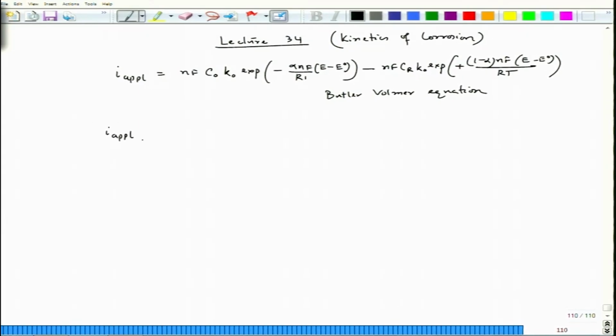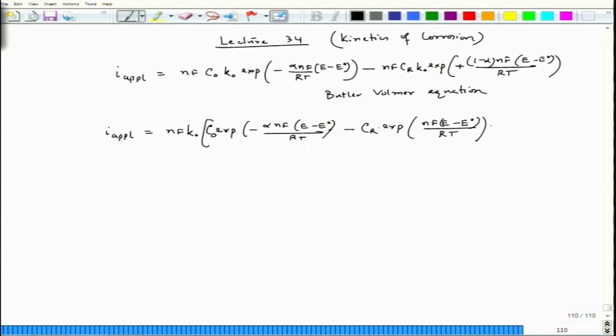I applied equal to nF k0 exponential minus alpha nF (E minus E0) divided by RT, into C_O minus C_R exponential nF (E minus E0) divided by RT.